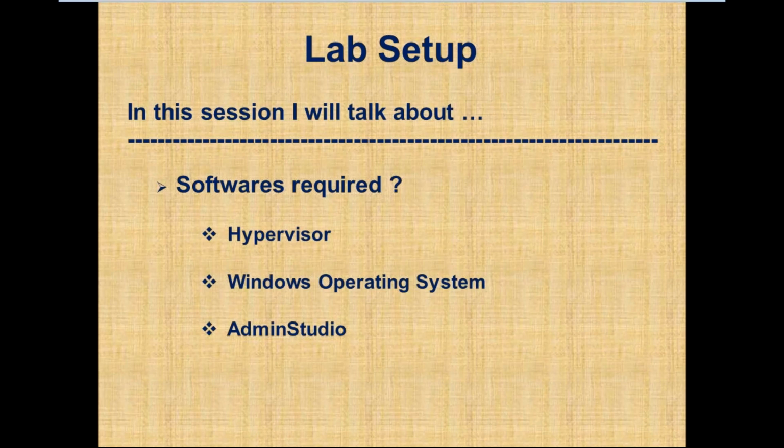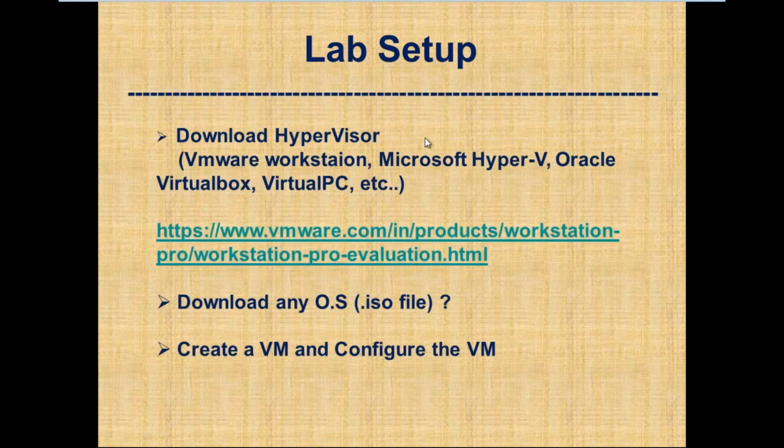So let's move on. First, we would like to download the hypervisor. As I said, it is for creating a virtual machine. There are multiple hypervisors available in the market. One is VMware Workstation, Microsoft Hyper-V, Oracle VirtualBox, and Virtual PC.